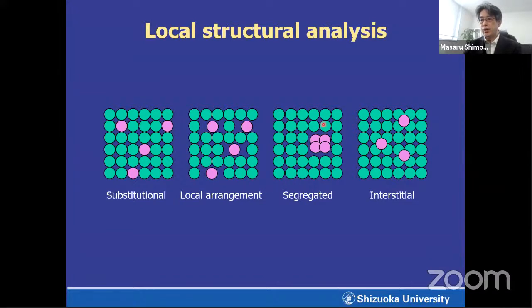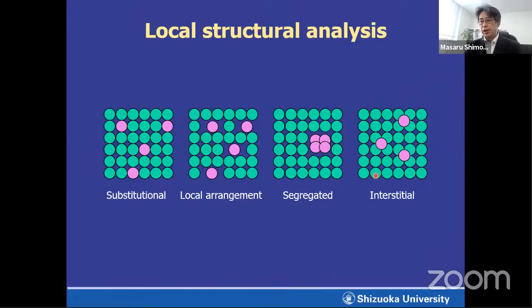The third model is based on local segregation of dopant atoms. The fourth one is the interstitial site model, which preserves the initial atomic network of the main material.